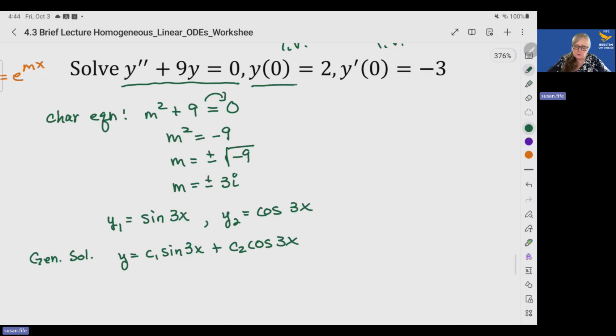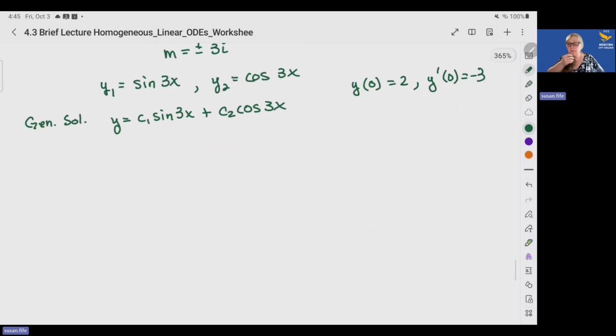My initial conditions are y of 0 equals 2 and y prime of 0 equals negative 3. So using those, I can solve for C1 and C2, and it gives me what's called the particular solution. Because I need y prime, I'm going to go ahead and take the derivative here.